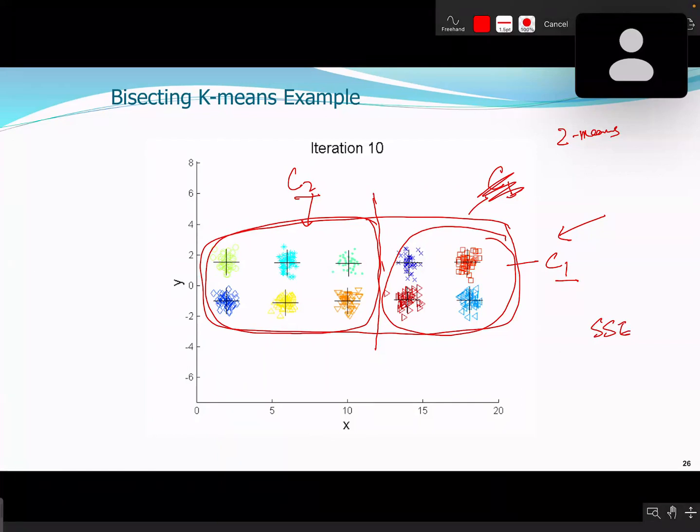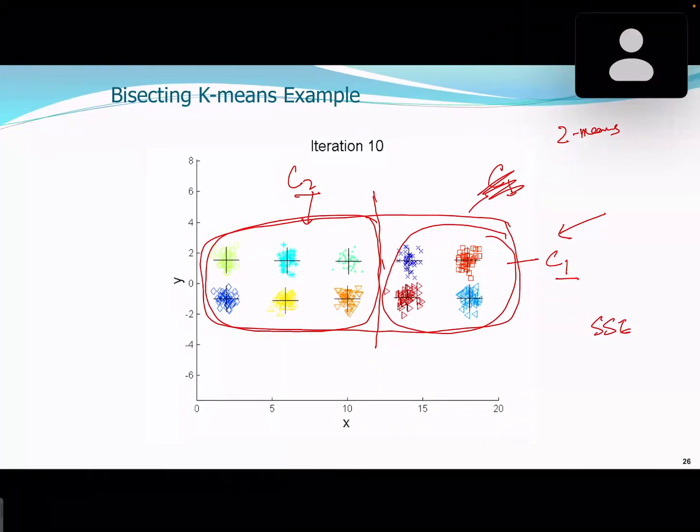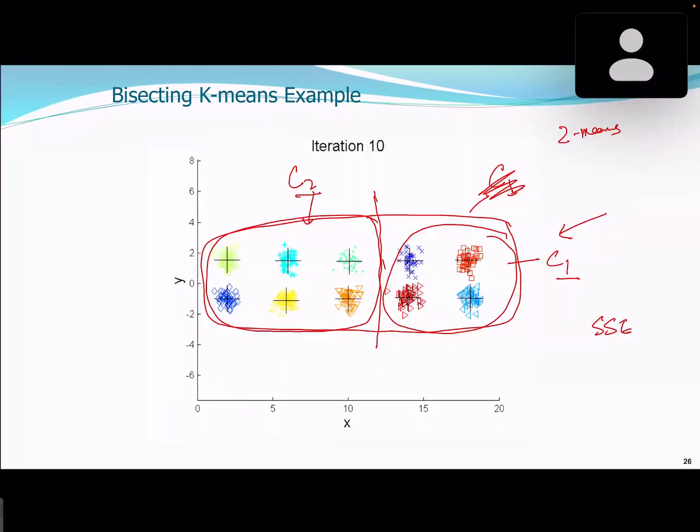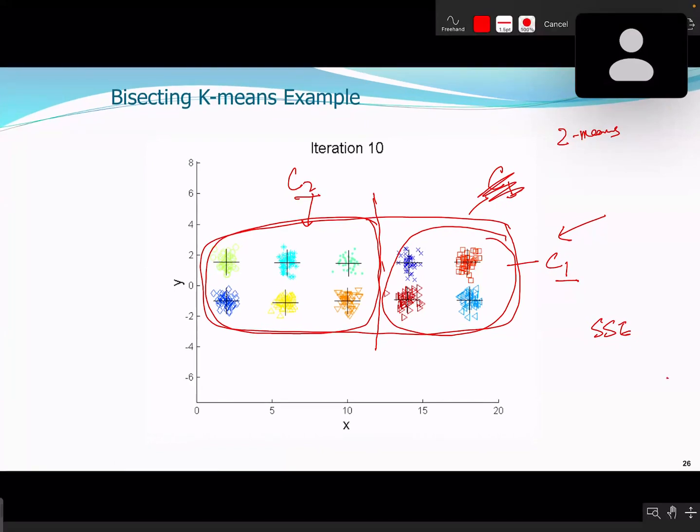The cluster that has the larger SSE would be picked to be split. For example, if you look at this C1 and C2, obviously C2 is a looser cluster. I mean, the points are more separated apart. And so probably this cluster C2 has a larger SSE. And so we may pick it to split it.